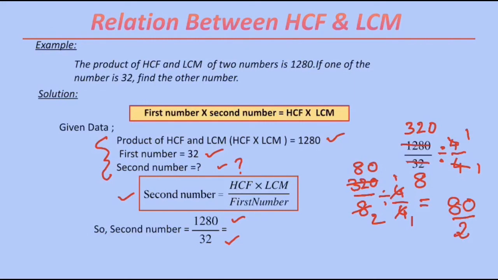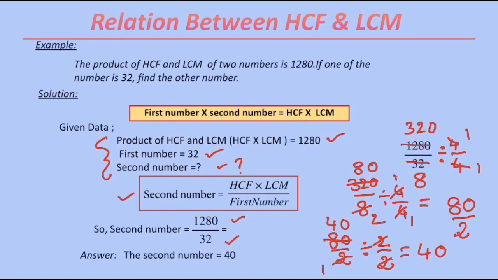This number will be divisible by 2, which gives 2 ones are 2, 2 into 40. So, the final answer, that is the second number, is 40.